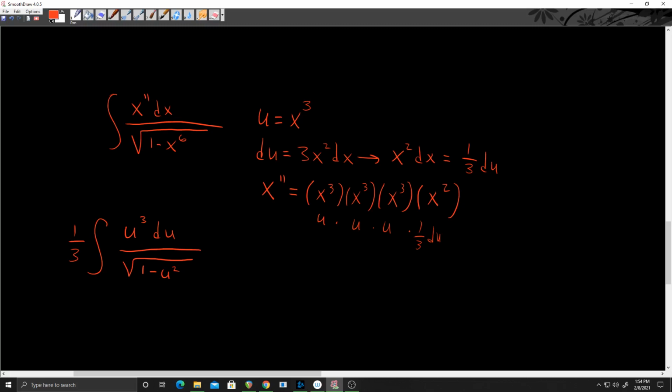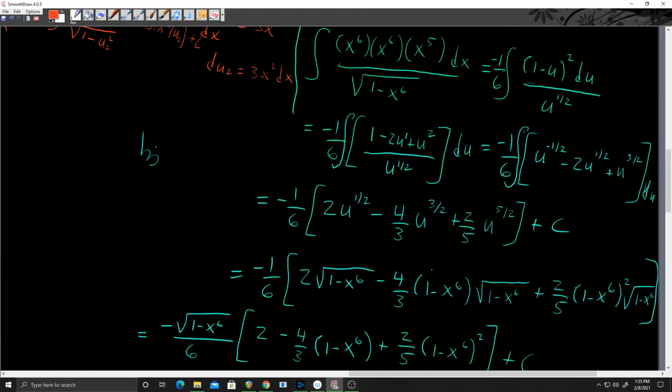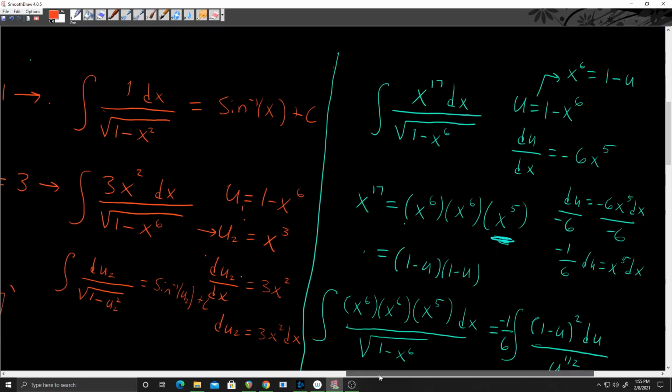You rewrite the whole thing in terms of u, but we still wind up with a function that we can't really integrate. So I hope that this clears up some stuff about inverse sine versus a u sub plus algebra.